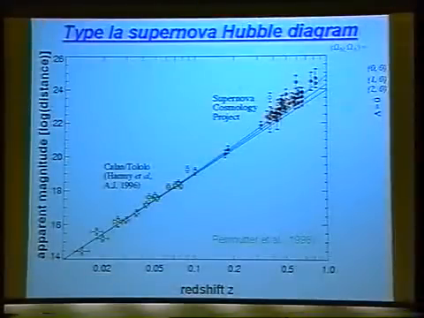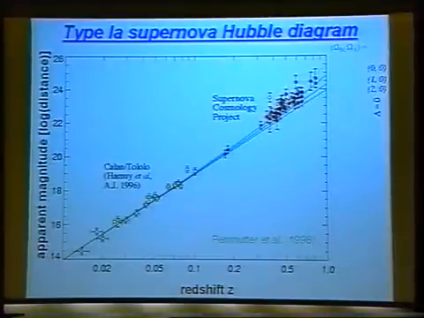And the parameters that enter, again, are omega matter plus omega lambda. And these are the theoretical curves that result from those equations for different choices of omega matter and omega lambda. So this top curve is omega matter equal to 0, omega lambda equal to 1; omega matter equal to 1/2, omega lambda equal to 1/2; omega matter equal to 1 with no cosmological constant; omega matter equal to 0.5, omega lambda equal to minus 0.5.